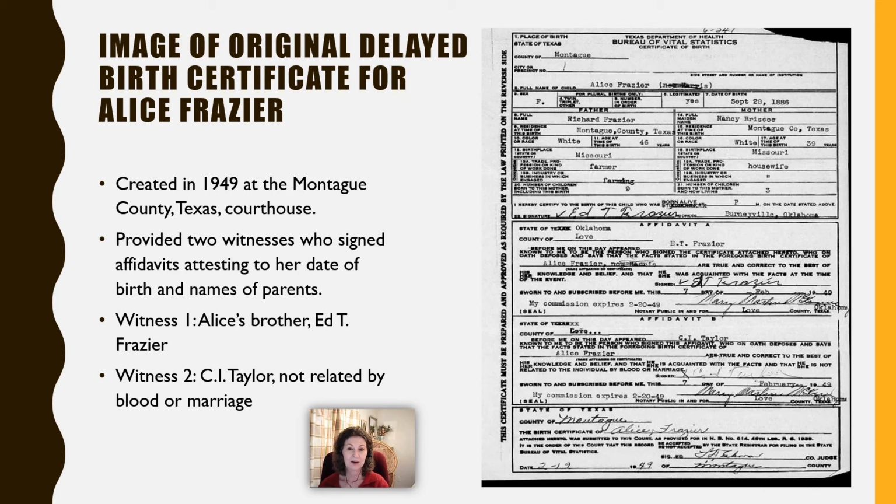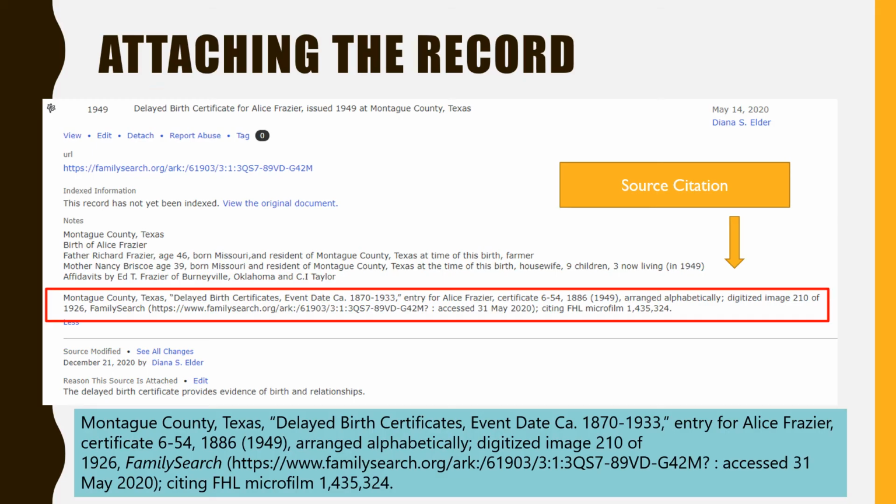So after I really looked at this birth certificate and understood what this was showing me, then I was ready to create a citation. Once I had located the original document, I was able to attach it to the indexed record, but I was not able to change the citation because it already had the original index citation.